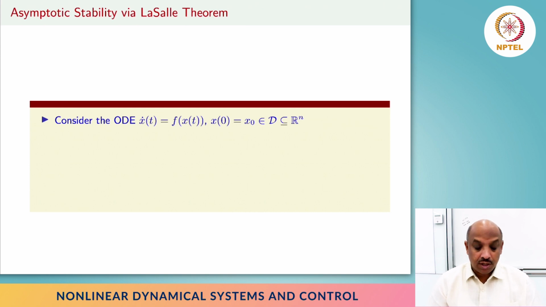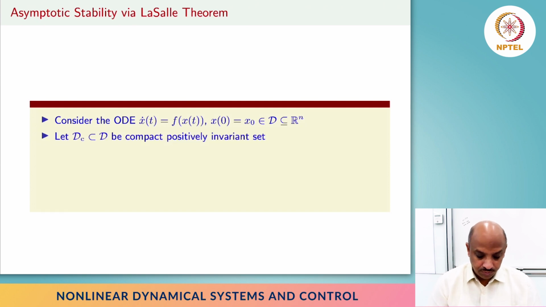And let's not underestimate the power of this result, because many a time we end up using it to show asymptotic stability. It's very difficult to find functions that are both Lyapunov function candidates, that means positive definite, and have V dot strictly less than 0. Even V dot less than or equal to 0 is not easy. But when we do find V dot less than or equal to 0, we can use this trick of LaSalle's invariance theorem to show much more than simply Lyapunov stability.